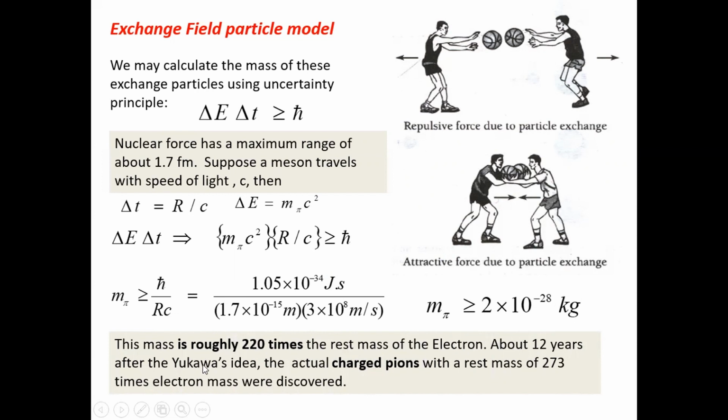So after Yukawa's idea, the actual charged pions were detected with a mass of 273 times the electron mass, and they were the massive electrons, and they were discovered. So Yukawa's idea was correct. The exchange of particles is taking place with the nuclear force.